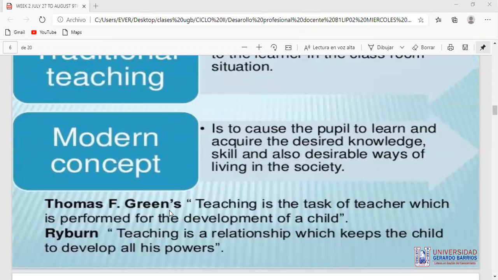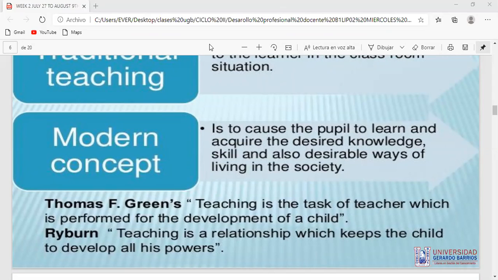Thomas Greens: Teaching is the task of the teacher which is performed for the development of a child. Rick Byrne: Teaching is a relationship which keeps the child to develop all his power.